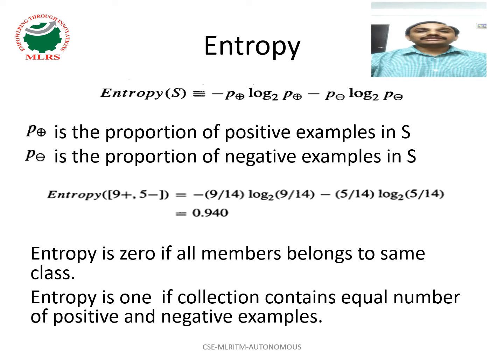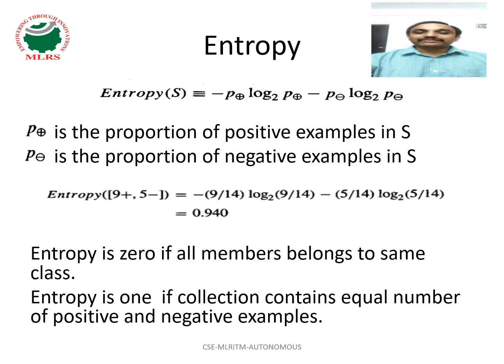If entropy is 0, if all members belong to the same class, if all the data are positive examples, then entropy becomes 0. If all are negative examples, then entropy becomes 0. Second one, entropy is 1 if the collection contains an equal number of positive and negative examples.